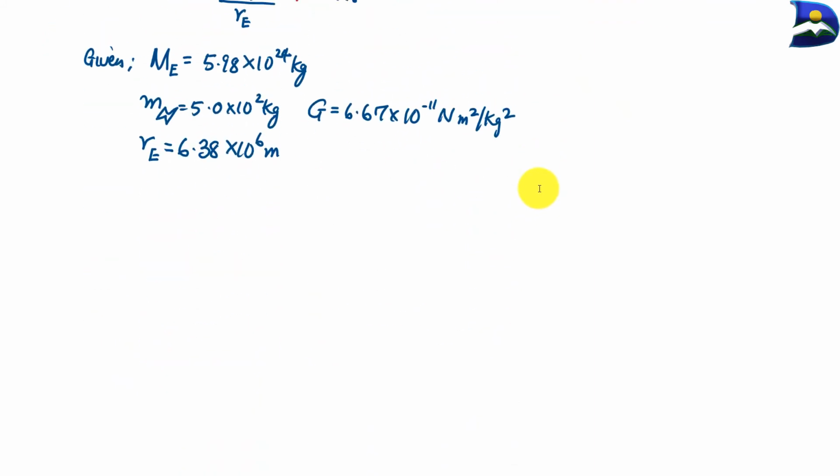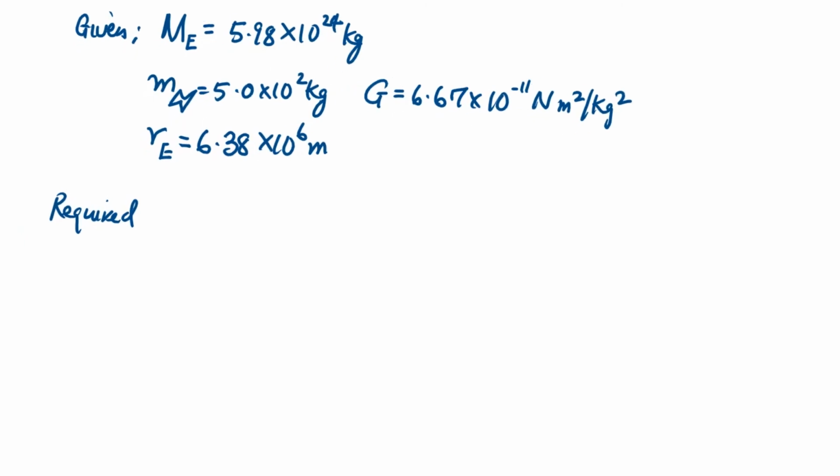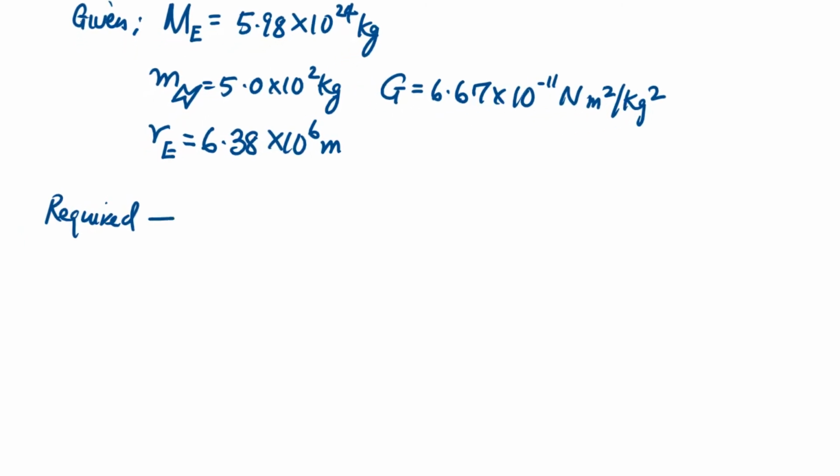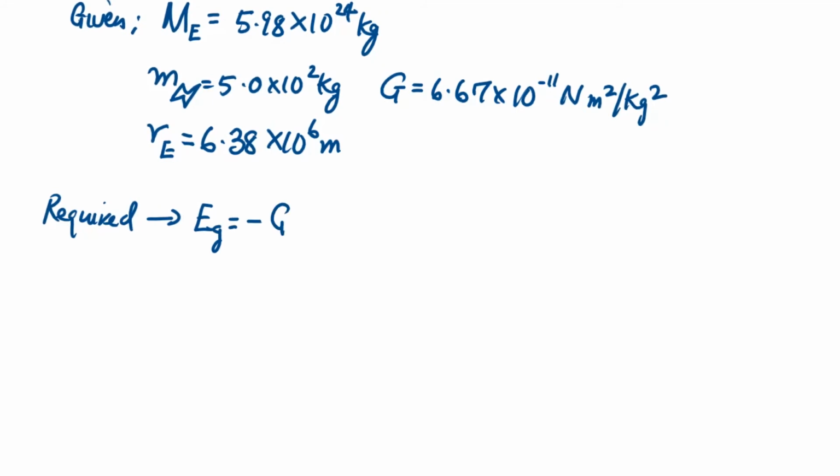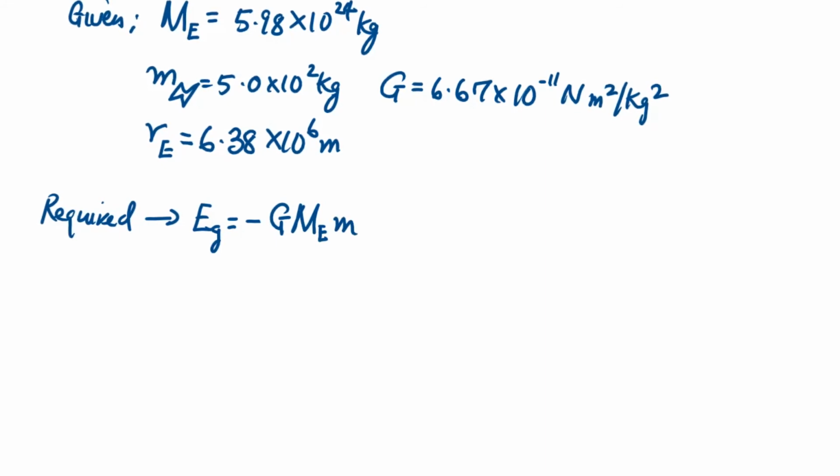And therefore, this is going to lead us to our required variable, which is Eg, the gravitational potential energy, which is equal to negative G multiplied by the mass of Earth, which is the central body, multiplied by the mass of our satellite, divided by the radius of our Earth.